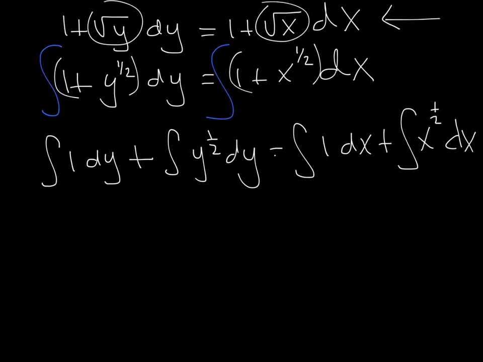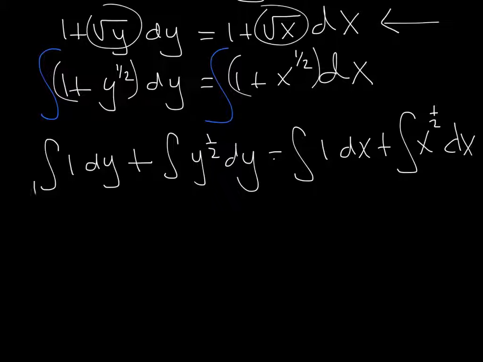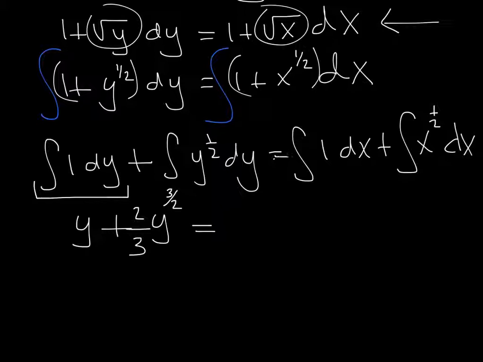Okay, so now we integrate. This part is just y, plus y to the 1 half plus 1, which is 3 halves, divided by 3 halves, but that's the same thing as multiplying by 2/3, equals x again, and finally plus, similarly, half plus 1, we have x to the 3 halves, and again we multiply by 2/3.